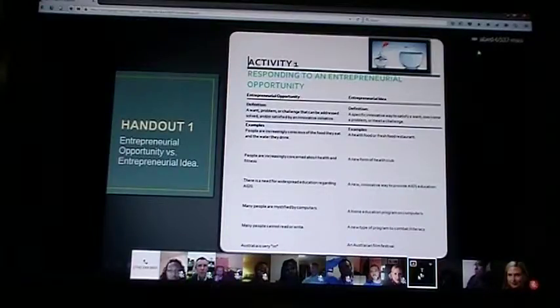So then 2, we have people are increasingly concerned about health and fitness. Entrepreneurial ideas to solve that problem or to meet that challenge is a new form of a health club. Again, back to the left, there's a need for widespread education regarding AIDS. And then over to the right, you see a new innovative way to provide AIDS education.